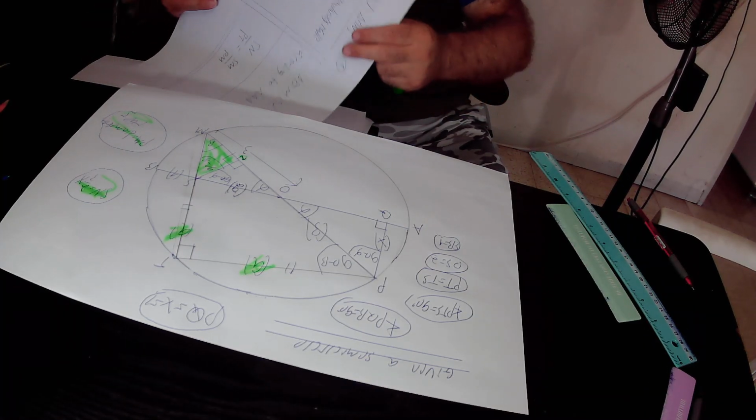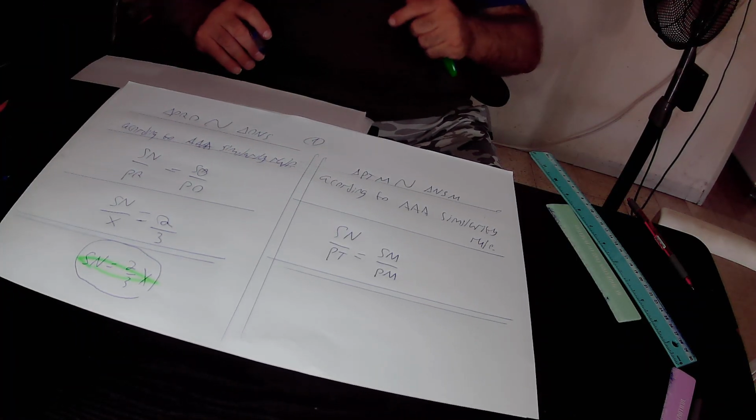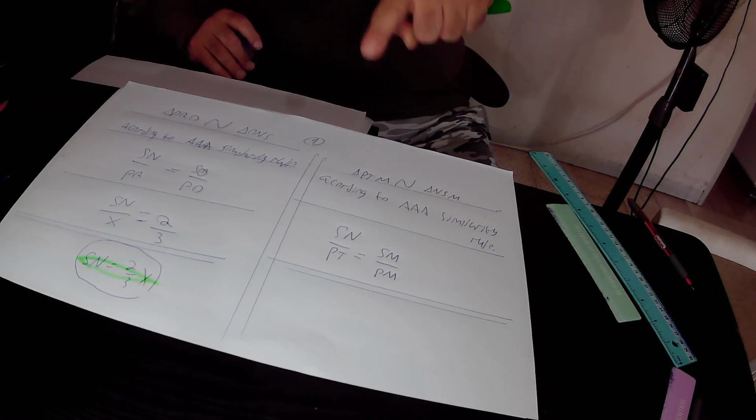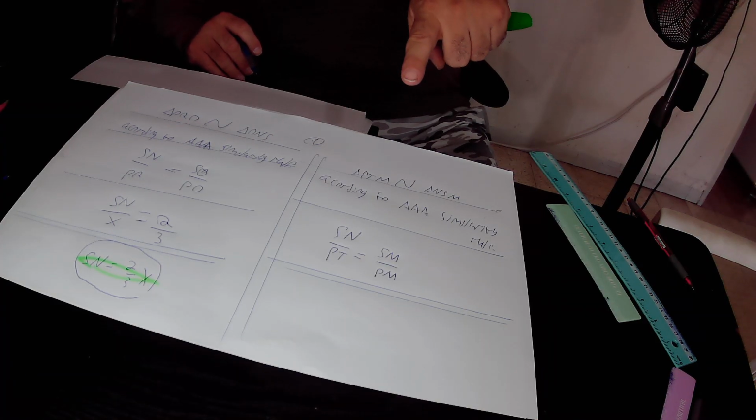The relationship is as follows. Side SN of the right green small triangle MSN over side PT of the big right triangle PTM is equal to side SM of the small right green triangle MSN over side PM of the big right triangle PTM.